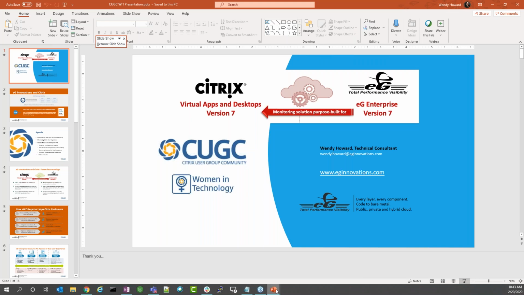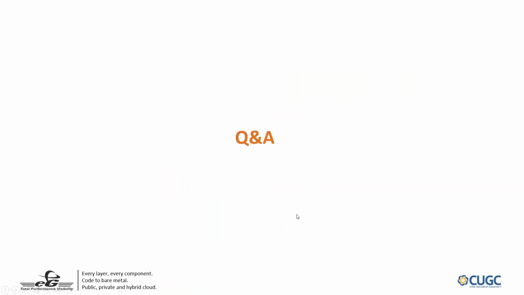All right, let's see. Next one is, is the location information pulled from what's defined in the zone maps in EG? No, it's different than your zone map. This is for the end user location. So you can set zones.